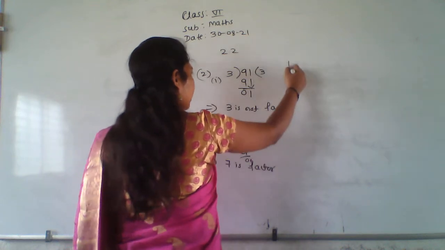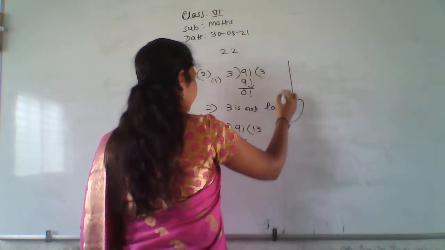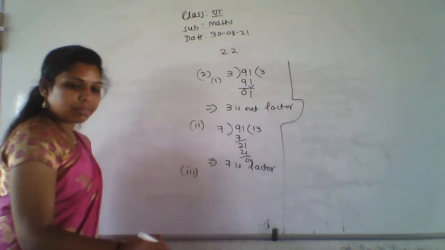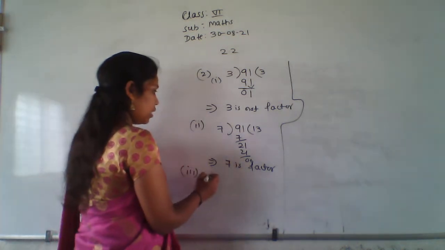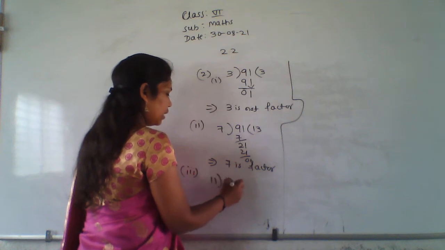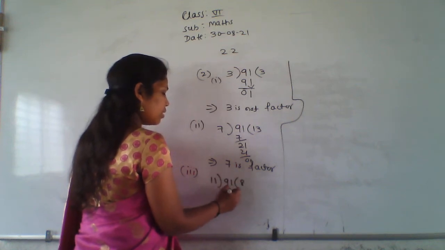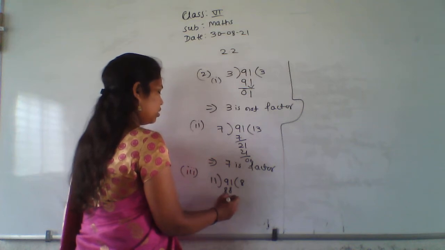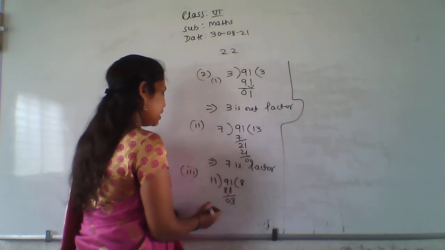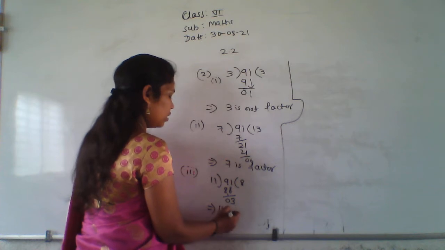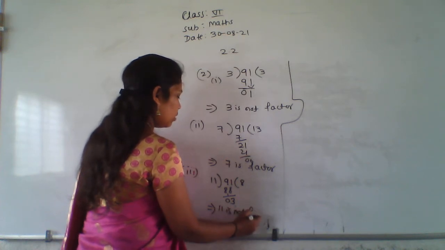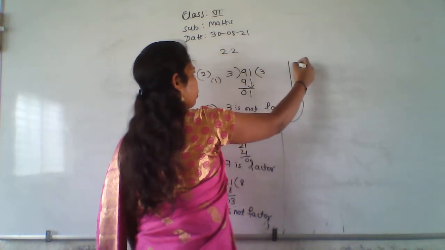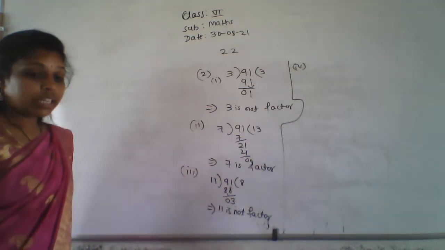Next, do the third one. What is the third number they gave here? 11, right? So 11 into 91. 11 eights are 88. 3 here 0. So 3 is the remainder. Then it means 11 is not a factor. Next check the fourth one. What is the fourth one they gave here? 13.